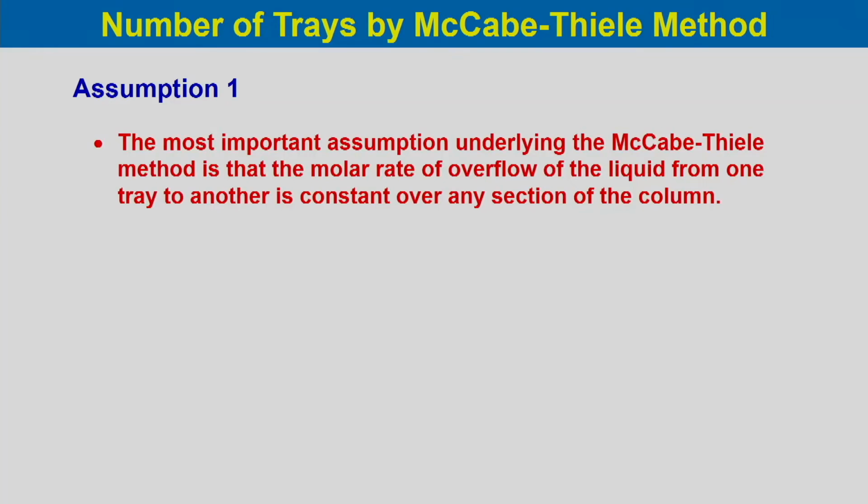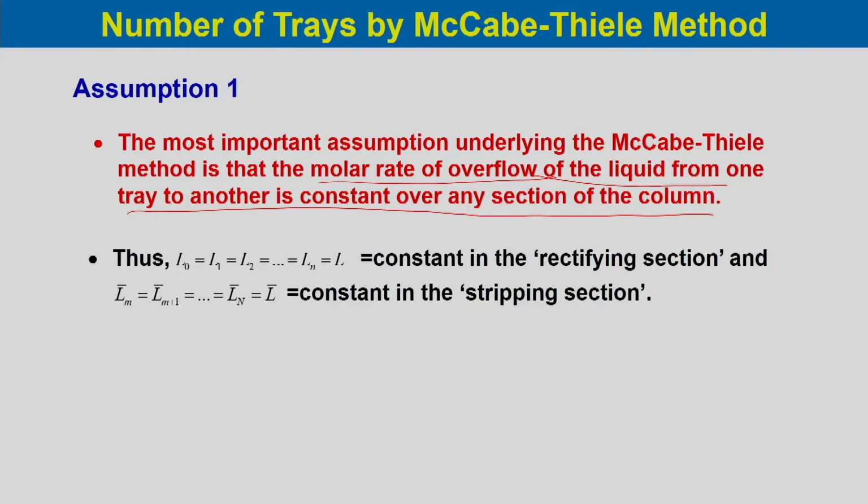The first and most important assumption underlying the McCabe-Thiele method is that the molar rate of overflow of the liquid from one tray to another is constant over any section of the column. So, the molar flow rate of the liquid in all sections of the column remains constant.